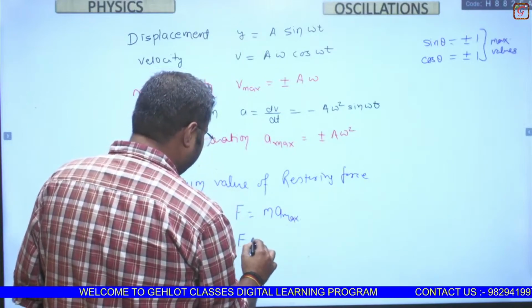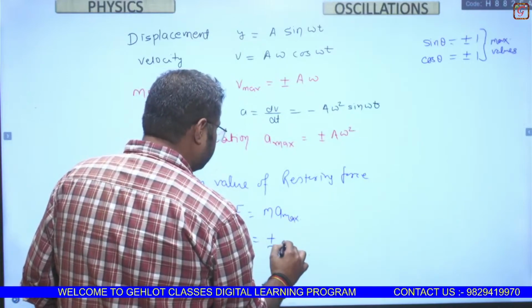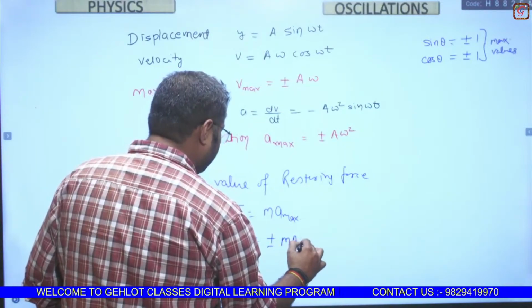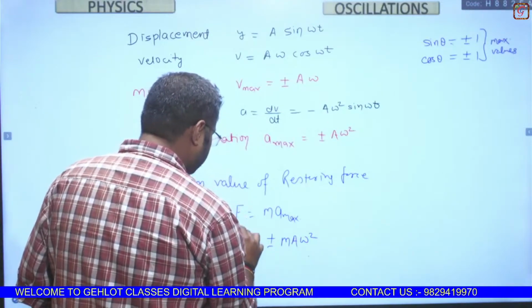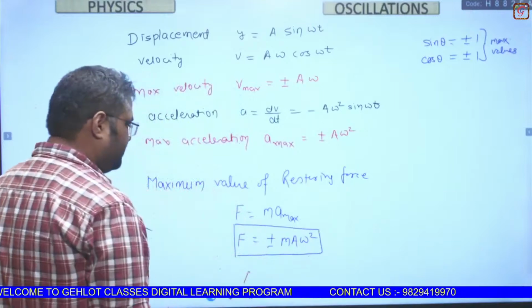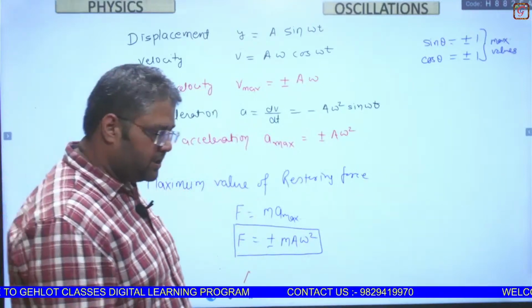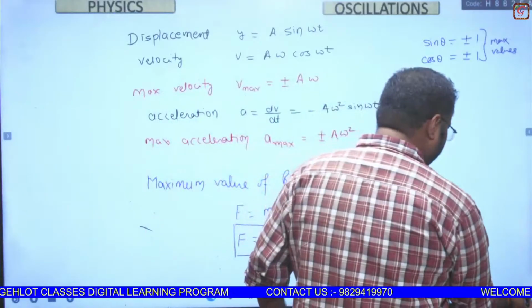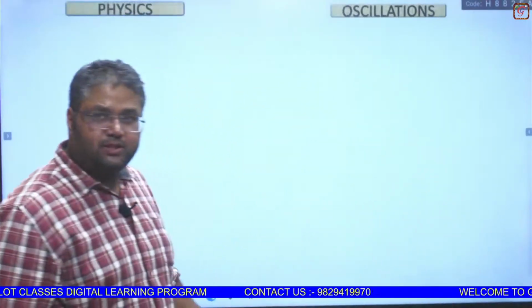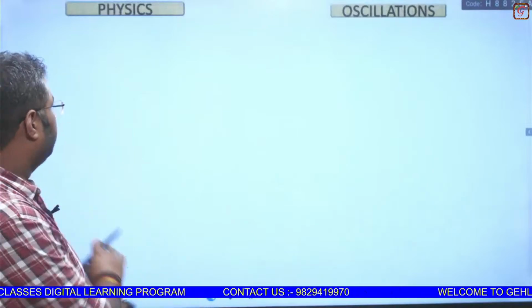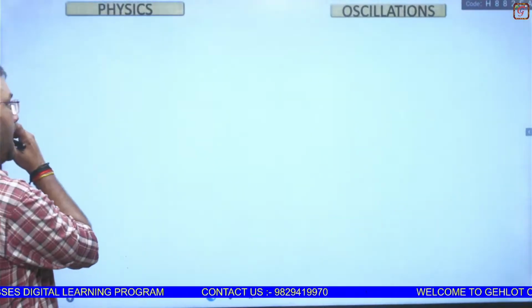So F = plus minus m a omega square. So this is the maximum value of restoring force. Now we are going to compare these terms, so we'll make a table.